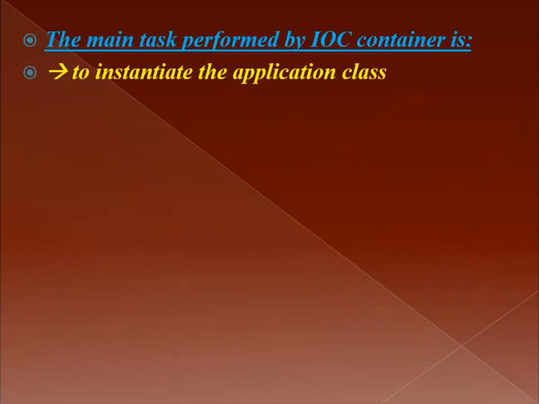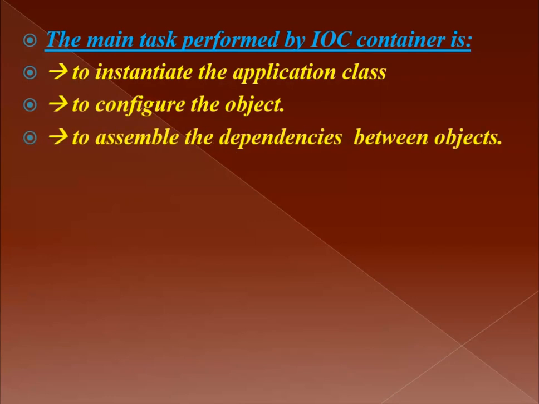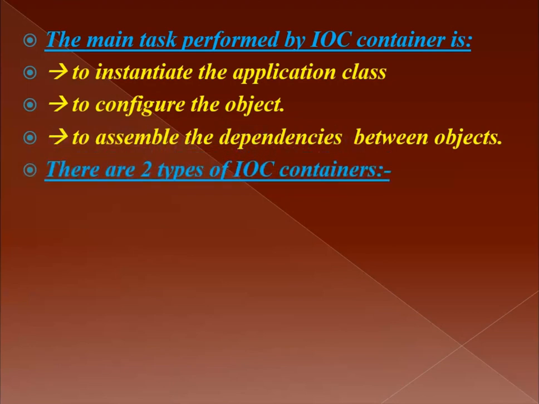The main task of the IOC container is to instantiate the application class, to configure the object, and to manage the complete life cycle of the object or bean from creation to destruction.